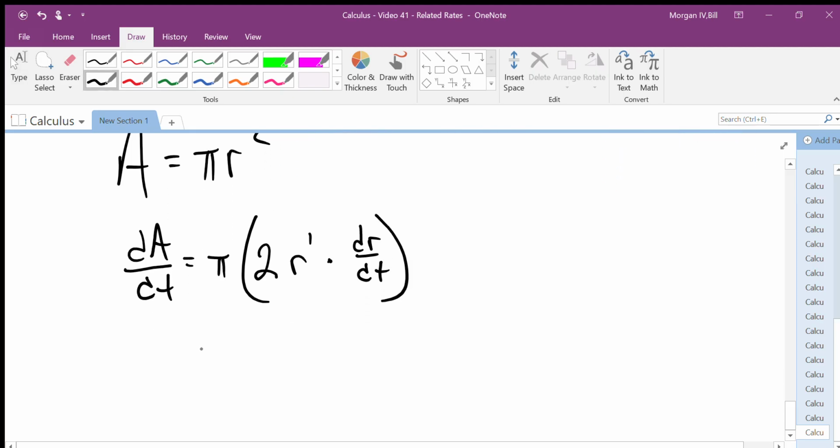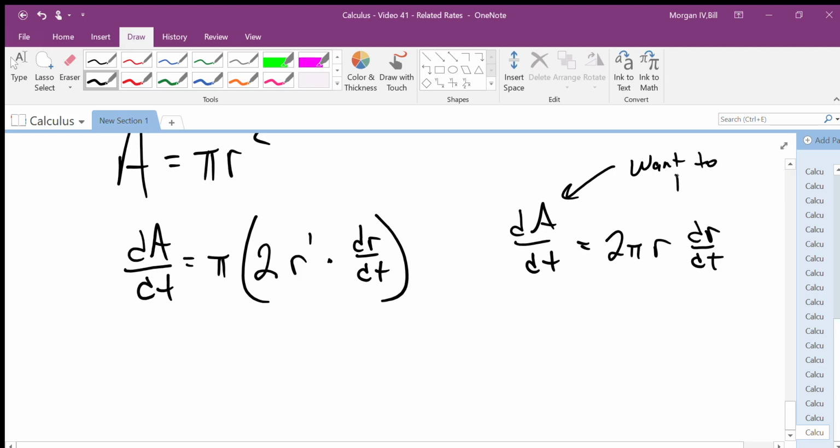Or, more simplified, we get dA/dt is equal to 2 pi r dr/dt, just rearranging the order there. The thing we want to know is dA/dt. What is the rate of change of the area?